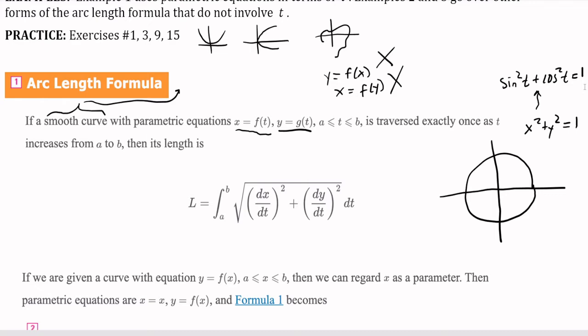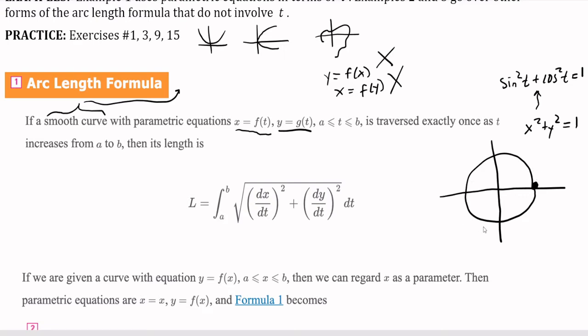The parameter t is like our angle. I usually think of it as time, but in this case we can use theta too if you're more comfortable with that. Watch, t equals 0, what happens? I'm right here: 0 plus 1 equals 1. Now I wrap around.